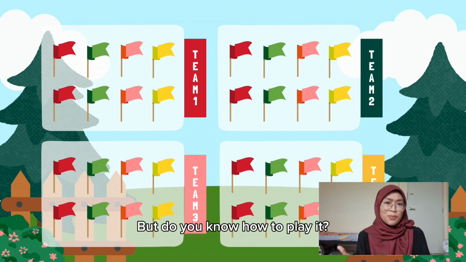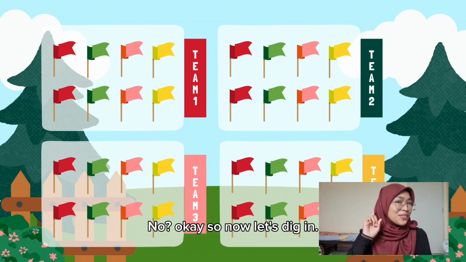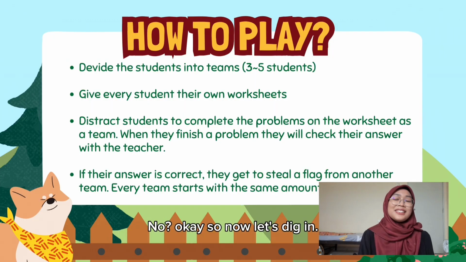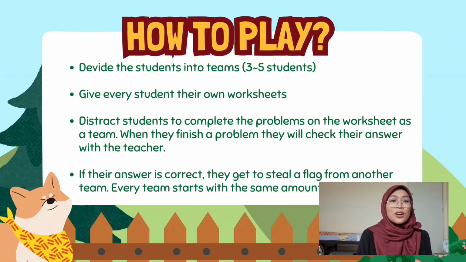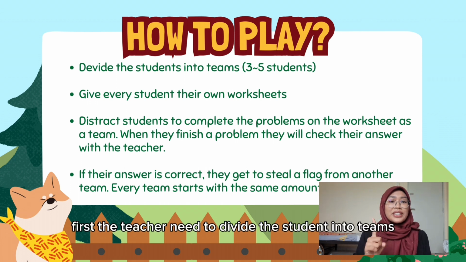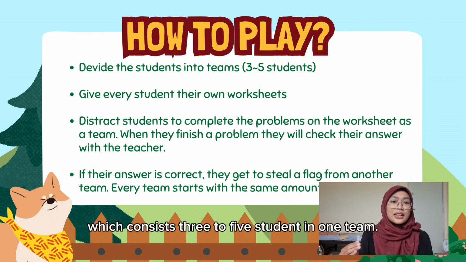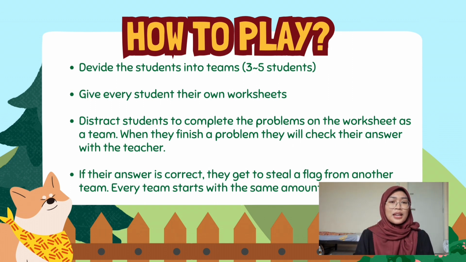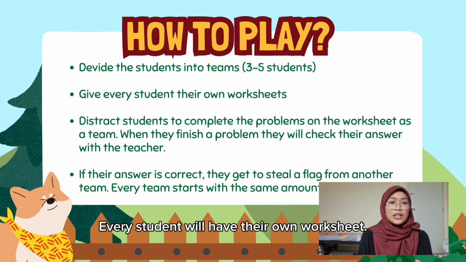But do you know how to play it? No? Okay, so now let's dig in. For how to play, first the teacher needs to divide the students into teams of 3 to 5 students in one team. Every student will have their own worksheet.